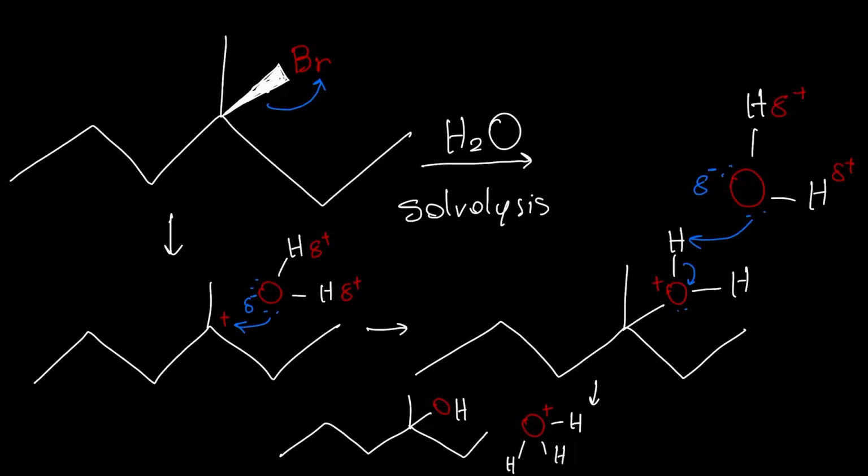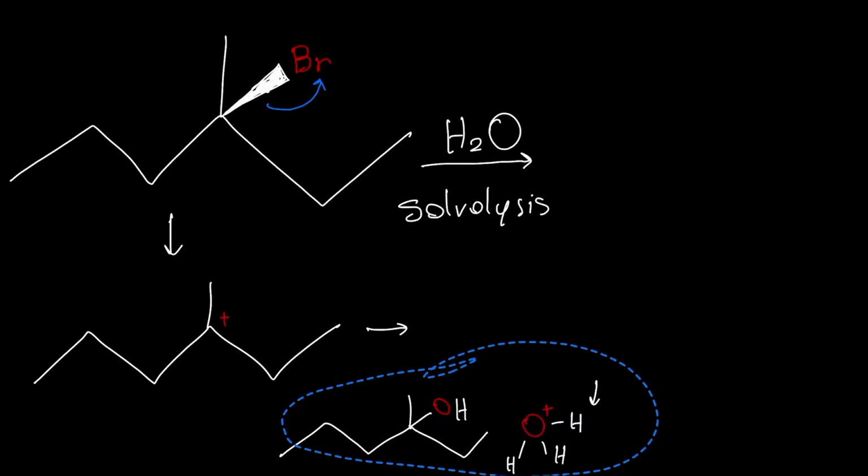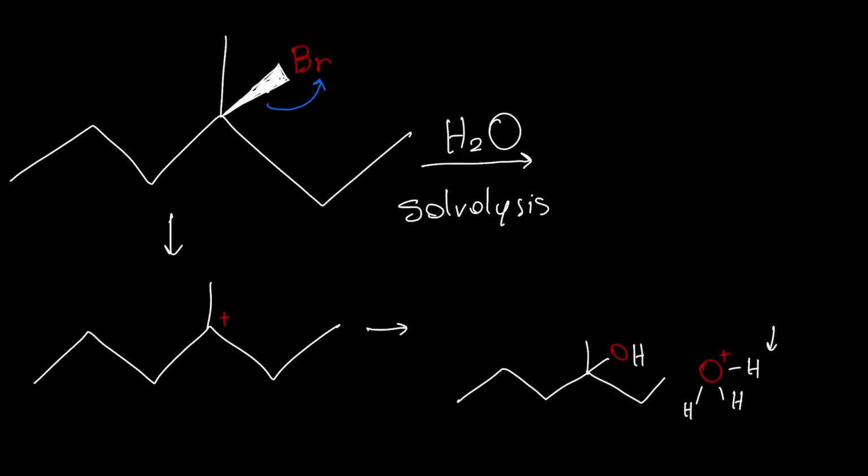Now let's talk about minor and major products. We already know that this is going to be the main product here. But when this oxygen wants to attack the carbocation, if it wants to attack it from the back, there's no barrier, there's nothing here.